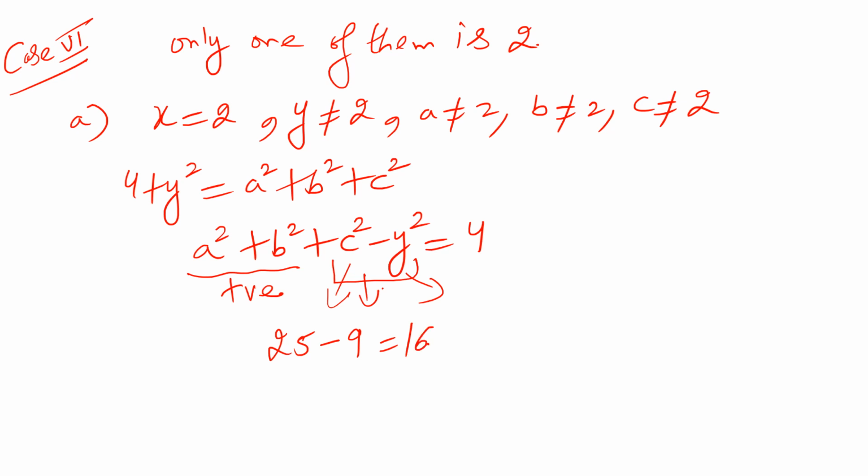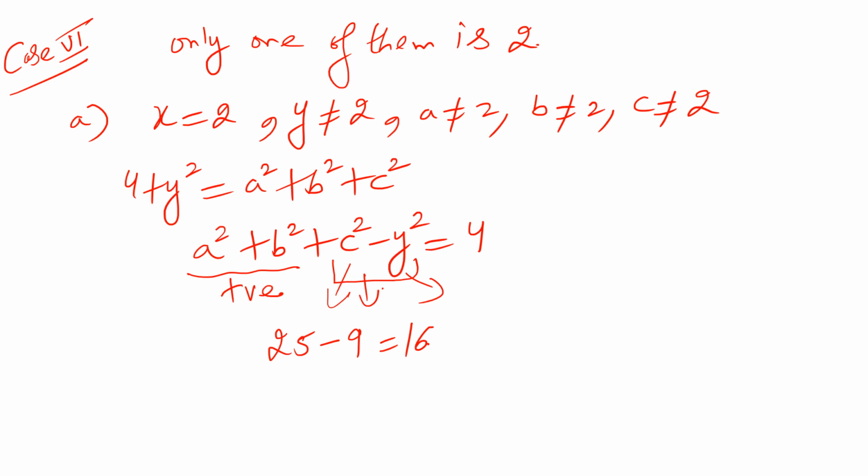Are you getting my point? Why am I taking this minimum value? Because in any other case, whenever you select any two prime numbers randomly, starting from 3, you will notice that the difference of their squares will always be more than 16. For example, you take 7 and 5.